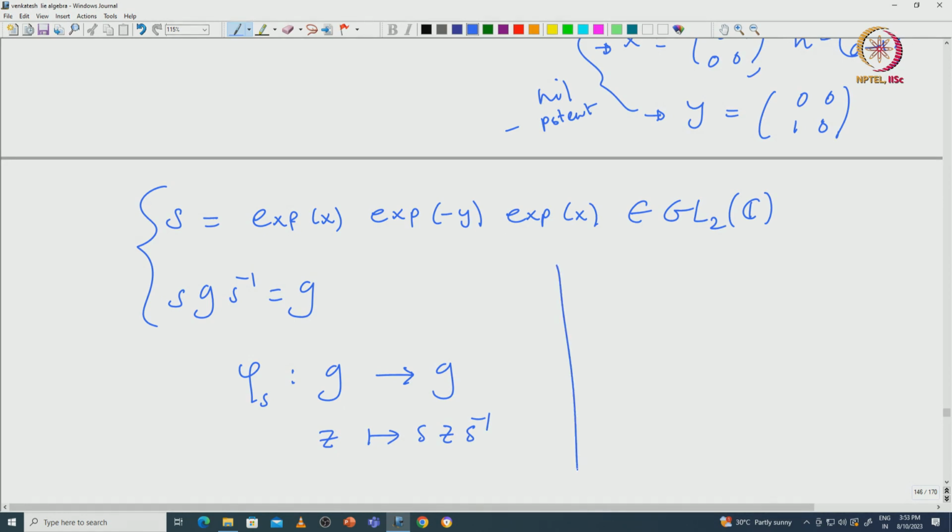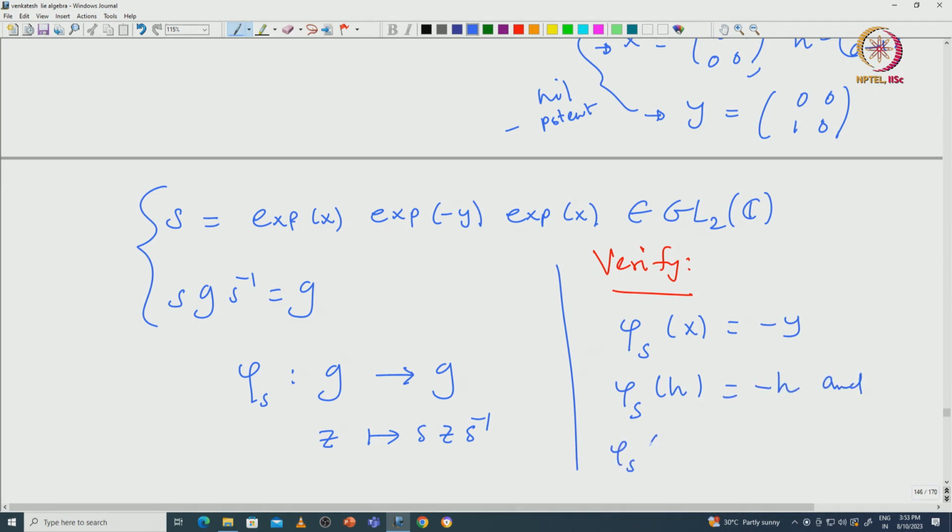So, this is something one can verify by very explicit computation: phi S of x will be equal to minus y, phi S of h is nothing but minus h, and phi S of y will be minus x. So, this is an automorphism on SL2 that maps x to minus y, h to minus h and y to minus x. Okay.